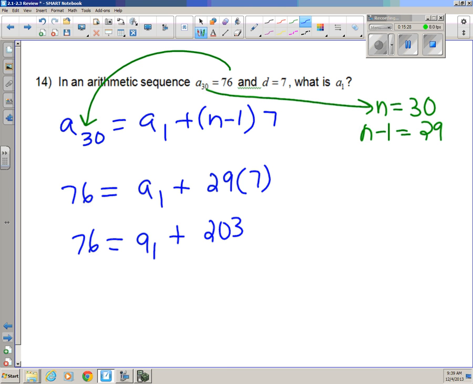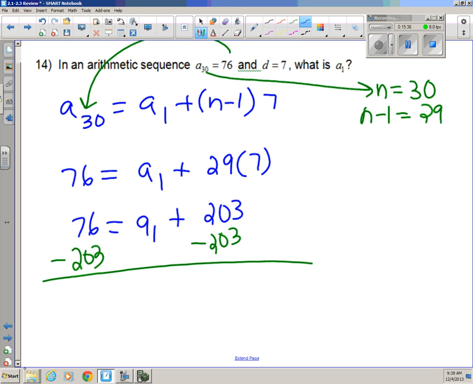Well, how do I find my first term? Just subtract 203. Turns out that my first term, a sub 1, happens to be negative 127. That means in my sequence, negative 127 is my first value. Every time I keep adding 7, I get different values, but when I get to my 30th position, that's where 76 is.